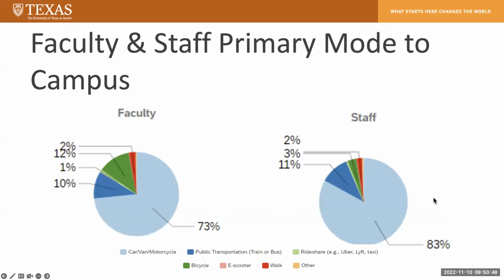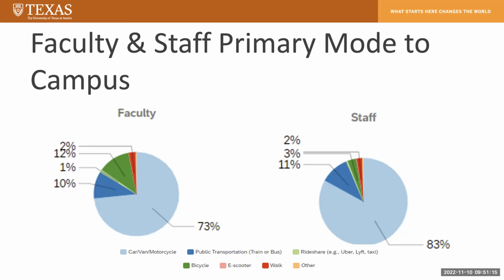And one of the things that we discovered here is there is a bit of an emerging problem for staff in that Austin has been growing very, very rapidly. The cost of housing, certainly near campus, has increased very, very dramatically. And so as staff looks for places to live, staff is tending to live further and further away from campus.